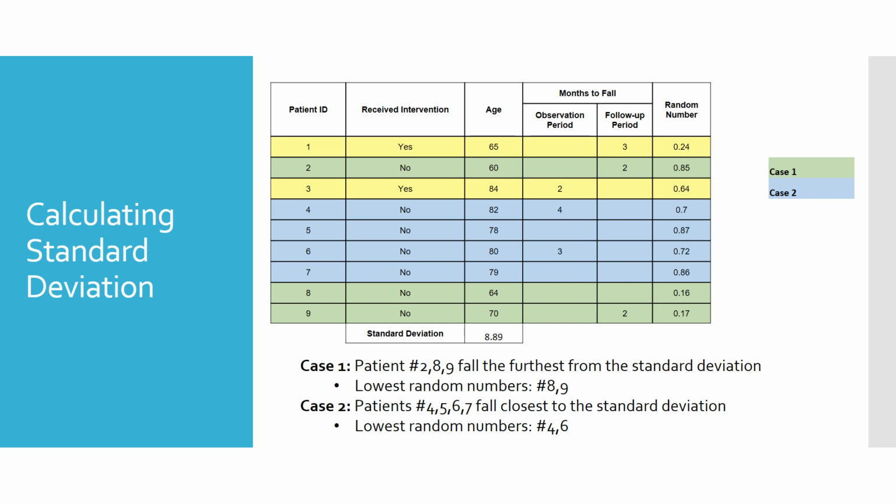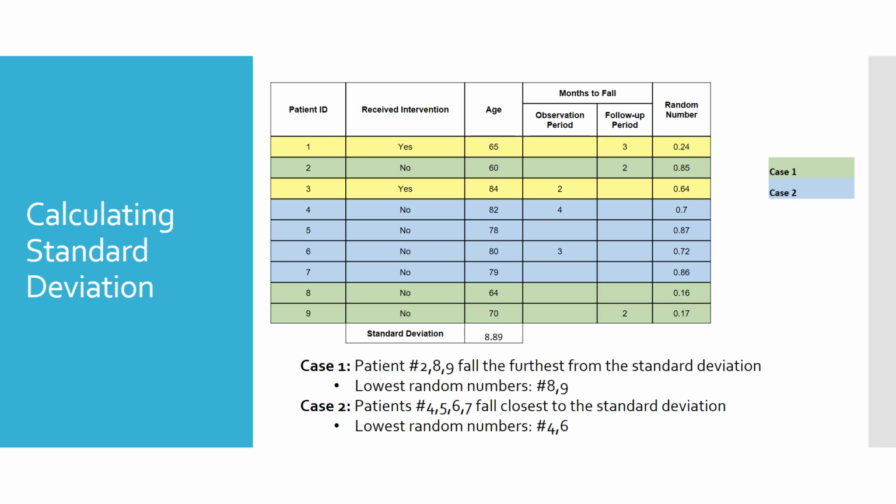So the first thing we're going to do is to calculate the standard deviation for the patients' age. You can either use the standard deviation formula or plug it into Excel, which I find is much easier. To calculate the standard deviation in Excel, you must first type the equal sign and then start typing ST, and you'll see a drop-down box appear.